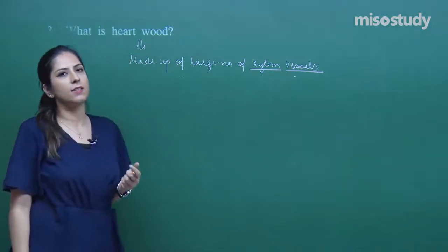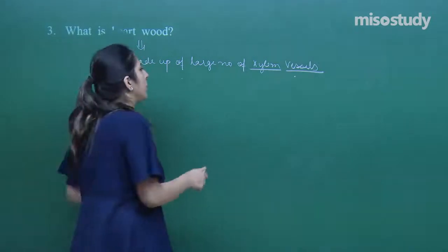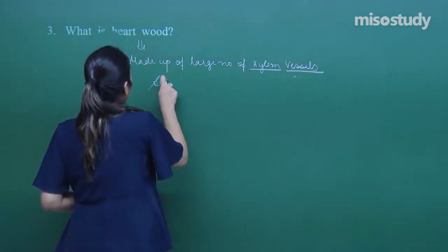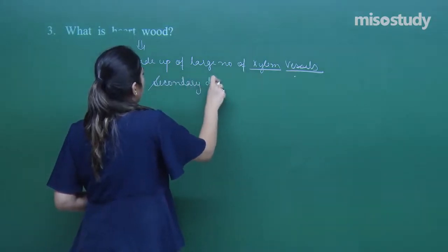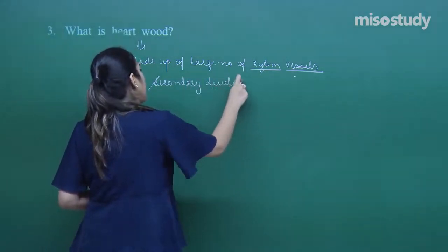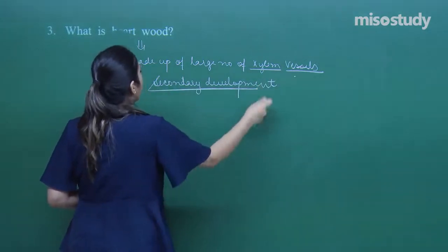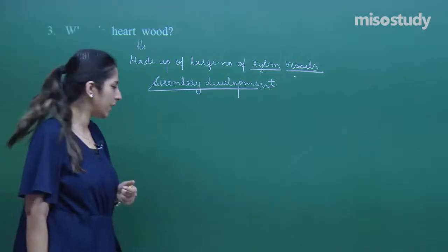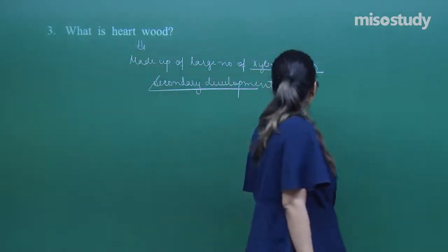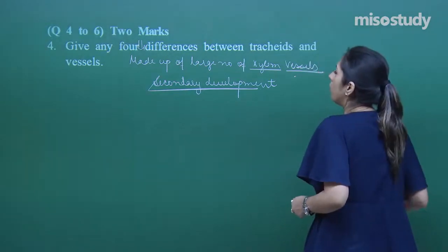That is called heartwood, and it develops during secondary growth. We have already studied in detail how secondary growth happens, right? Hope you can write this. Now let's move forward with the next question, question number 4.